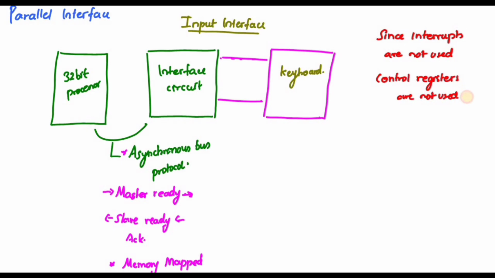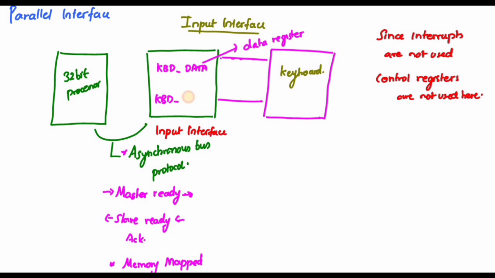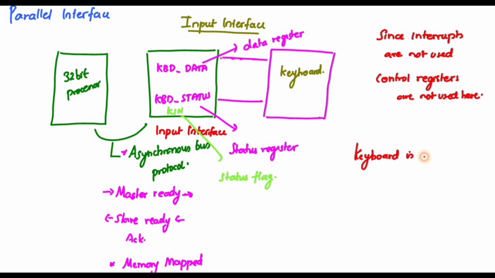Here the input interface, I am going to take it as KBD data. This is the data register. Whatever data comes from the keyboard will be stored in the KBD data. Next, KBD status. Once the data is received, the status pin, that is the KIN pin, goes to 1.